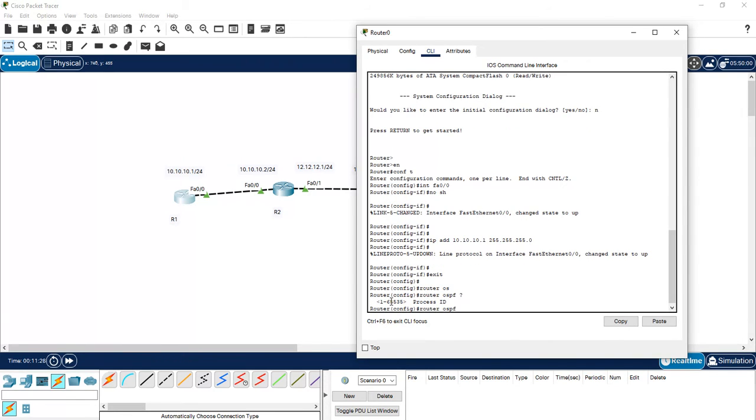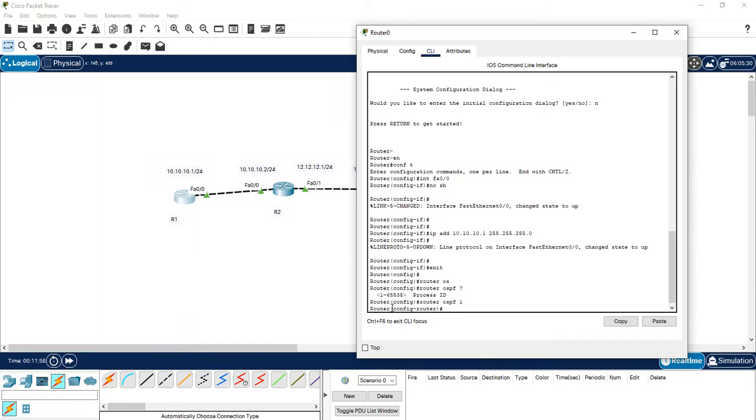The next step for configuring OSPF routing is the process ID. The process ID is from 1 until 65535. We want the process ID to be 1. So we get into router OSPF.